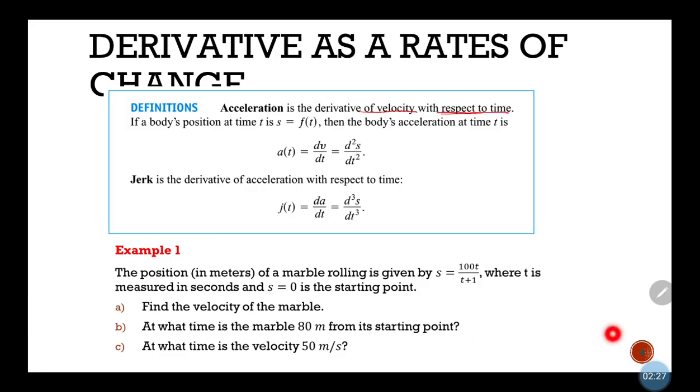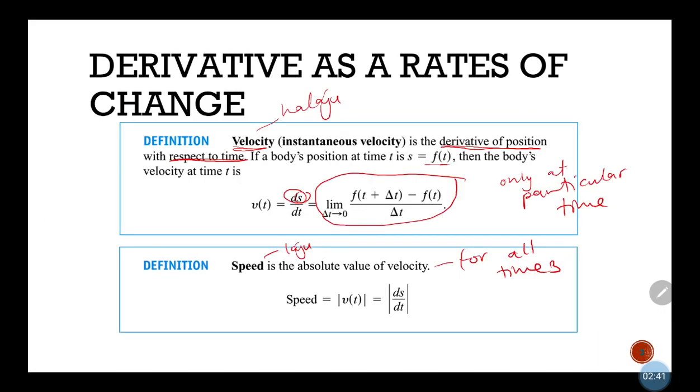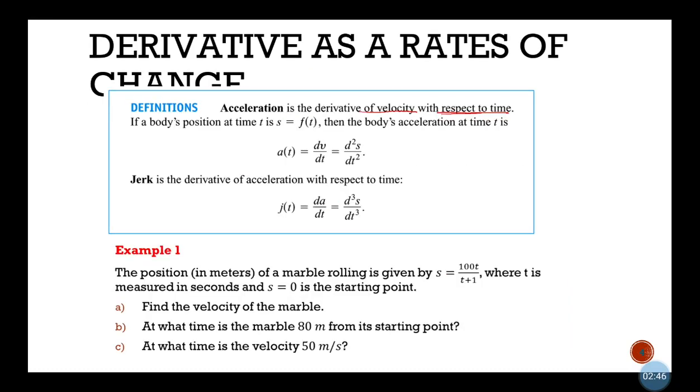It is also d square s over dt square, since this one is acceleration and this one is also acceleration. I think I'm not making any sense here. It's better if we start with an example.